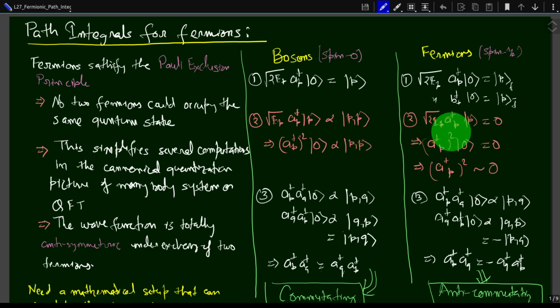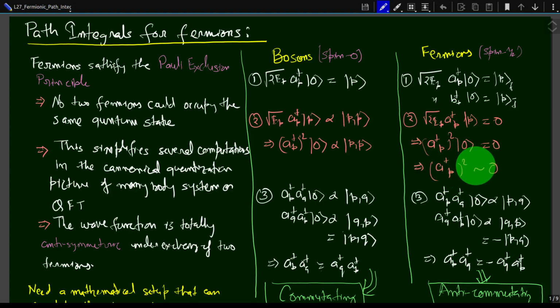Now in the fermion case, what happens is that if I act upon the 1 particle state with a_p dagger again, I get 0. The reason is that a_p dagger squared acting on the vacuum is 0, and that is because a_p dagger squared is 0.